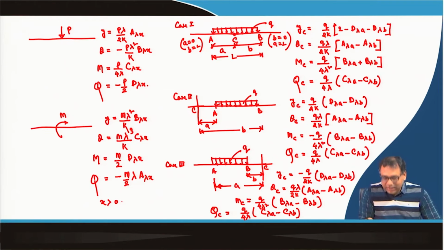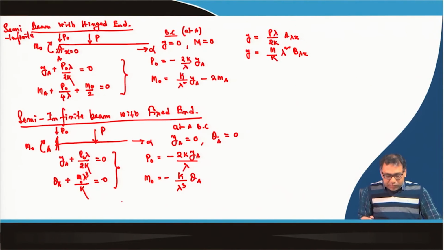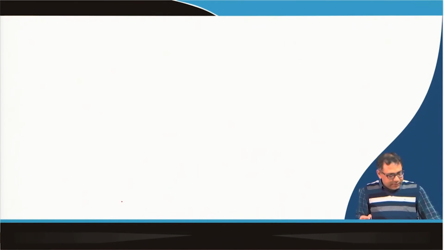But in these UDL cases, all the 3 cases are given separately. So, you have to use the 3 cases depending upon its requirement, or the position of your end, or based on your point of interest. So, whether it is left side to the loading or right side to the loading or within the UDL, whatever it is. Clear? So, now the next one that I will discuss.